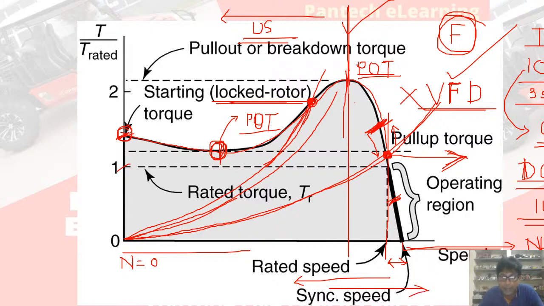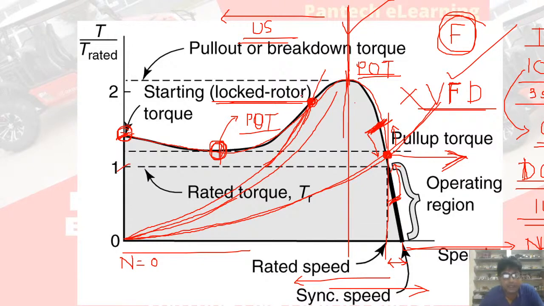Okay, so again this point is shifted and coming to my operating point. So if my operating point is on the right hand side of this maximum peak, then whatever may be the condition, my machine by its virtue will be capable to bring the operating point to the desired level.